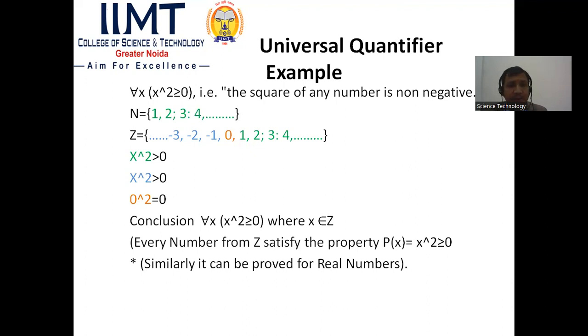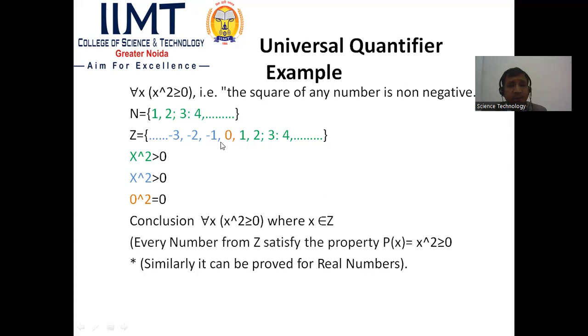In the second case, I am taking negative numbers marked in light blue ink. So x square is again positive because the square of a number is positive.